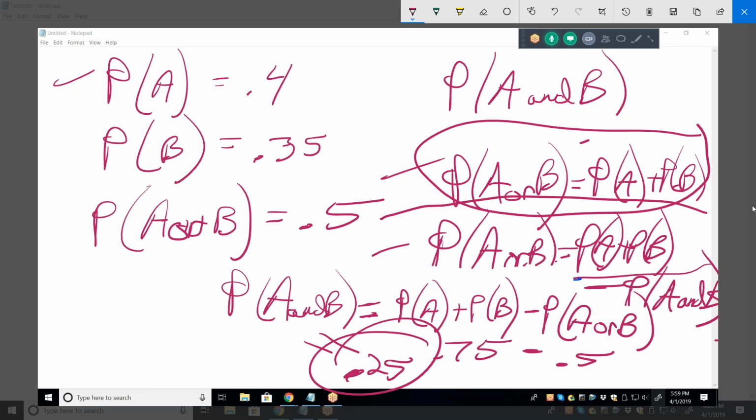This is the equation that should always be used because if they are mutually exclusive, then the probability of A and B is always 0. So this equation here works for all situations. This equation only works if the probability of A and B is 0, in other words, if they are mutually exclusive.